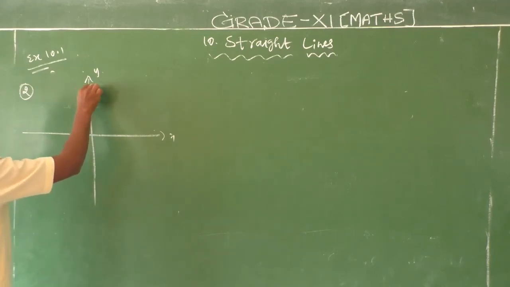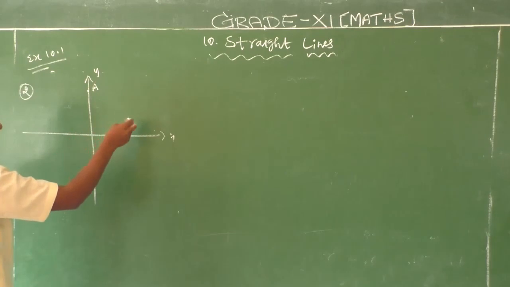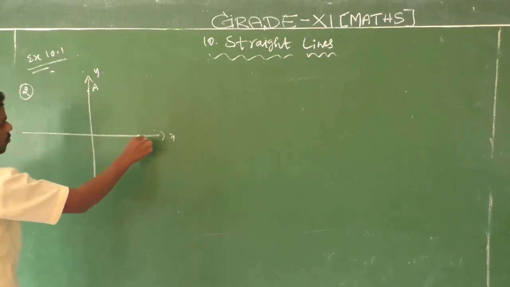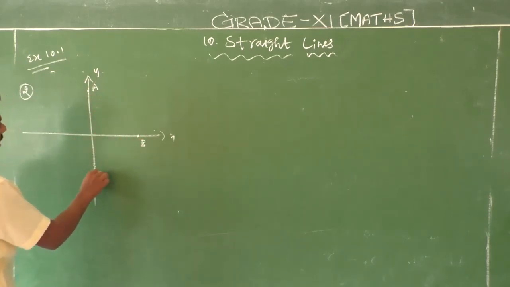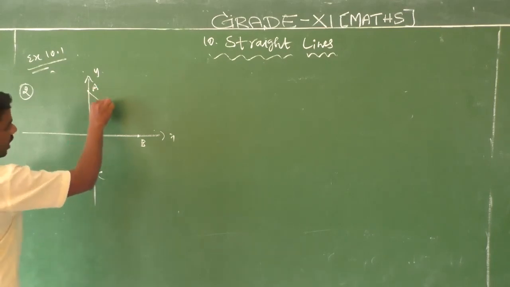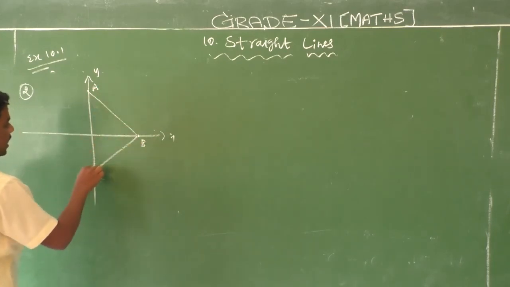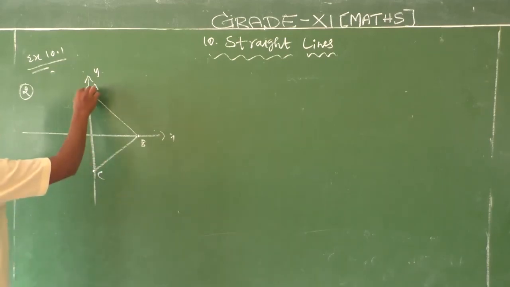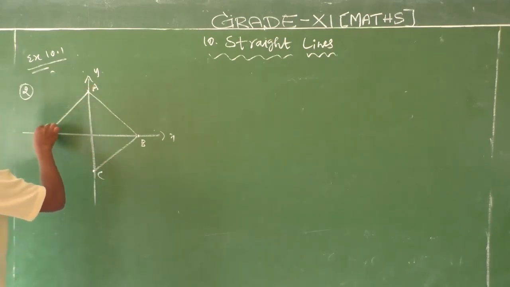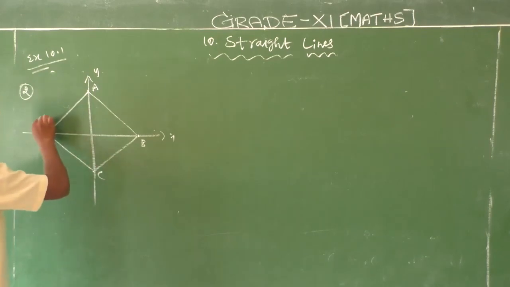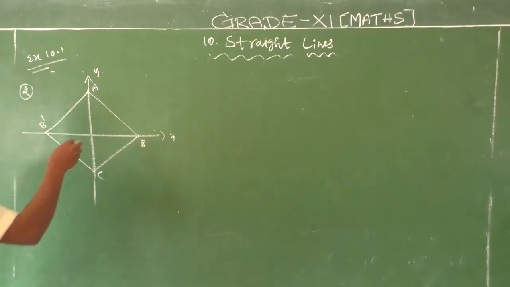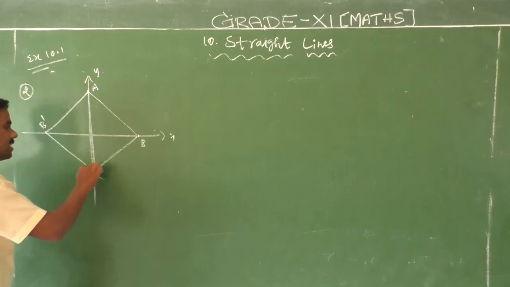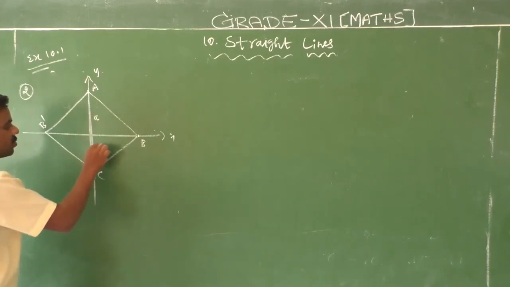This is A, this is B, this is C. This is triangle ABC, or AB'C. The base is AC, which is A plus A, 2A.